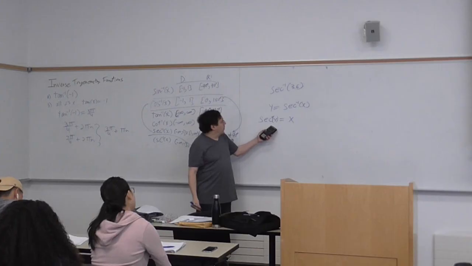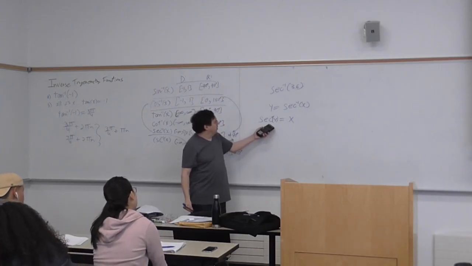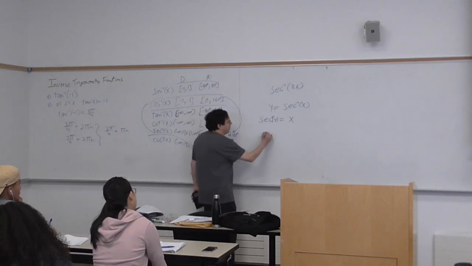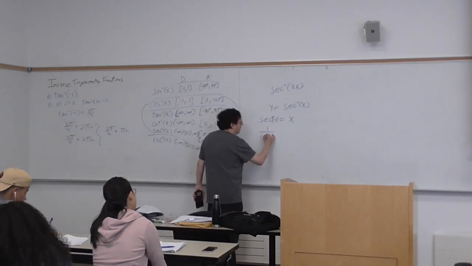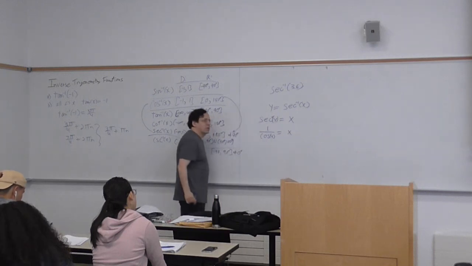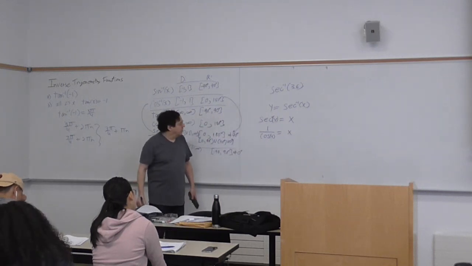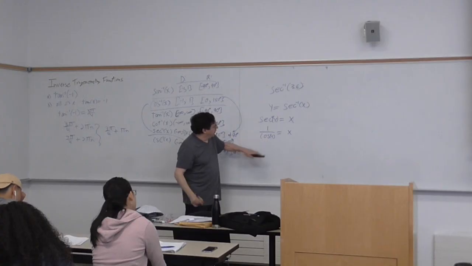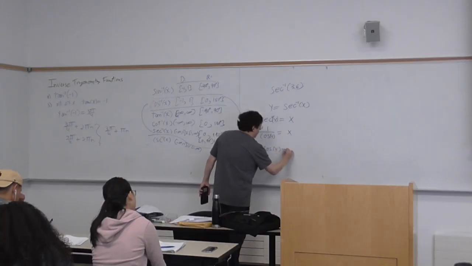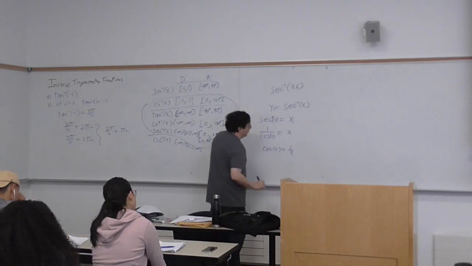All right. We don't really want to find secant of y. We want to find y, but we can notice right here that secant of y is 1 over cosine of y. So let's solve for cosine of y. Cosine of y will equal 1 over x.